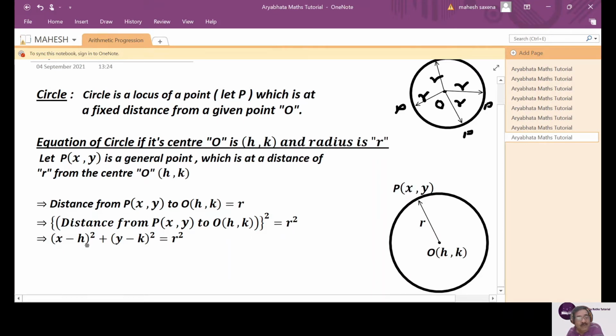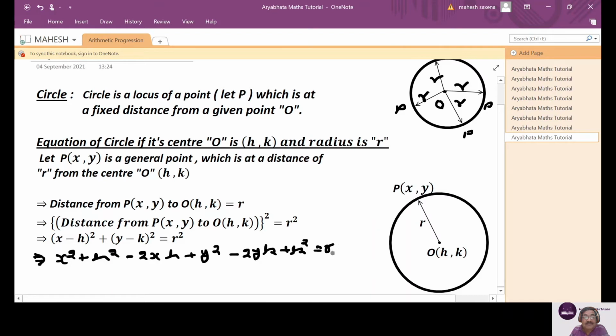Therefore, (x minus h) whole square plus (y minus k) whole square is equal to r square, which implies x square plus h square minus 2xh plus y square minus 2yk plus k square is equal to r square, which implies x square plus y square minus 2xh minus 2yk is equal to r square minus h square minus k square.